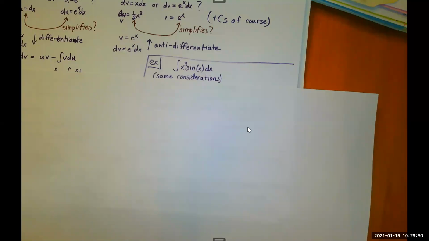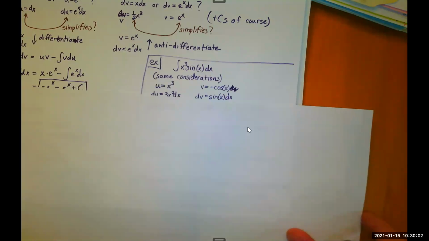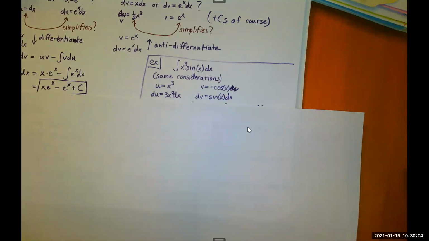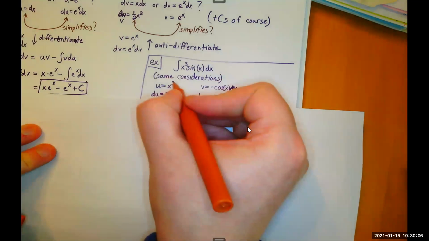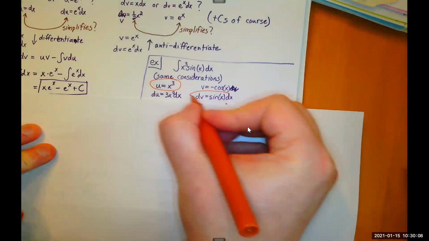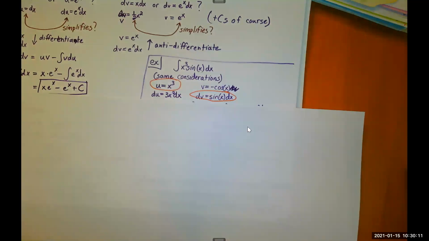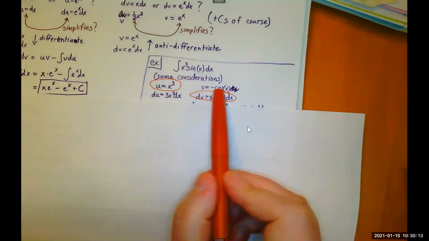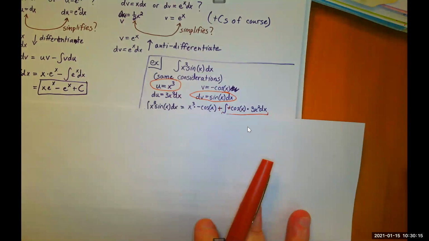Well, I say if u is x cubed or sine of x, what happens when I differentiate? If dv is x cubed dx or sine of x dx, what happens when I anti-differentiate? That's going to tell me. But the problem is when I do that, so I chose u is x cubed and dv is sine of x dx, I don't really get anything simplified here.